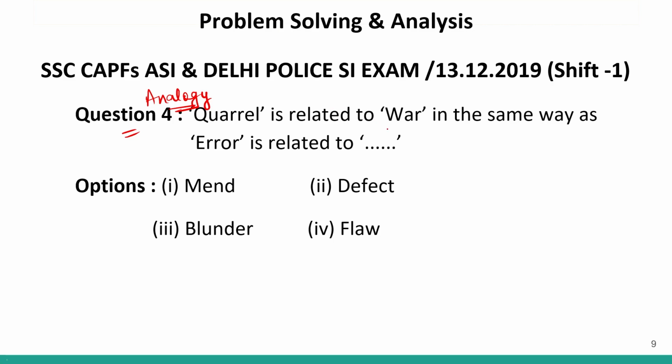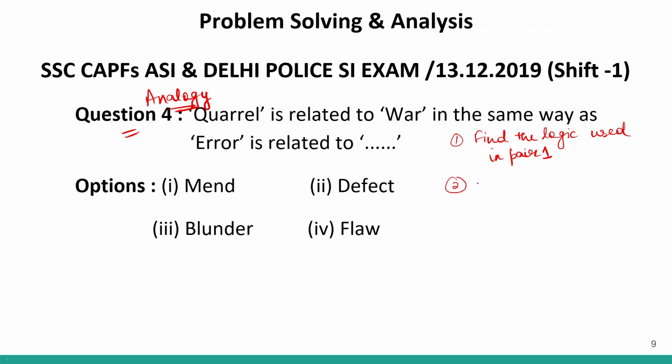Okay. Quarrel is related to war in the same way as error is related to what? So whenever we get a question on analogy, I told you that the first thing is to find the logic used in pair 1, correct?